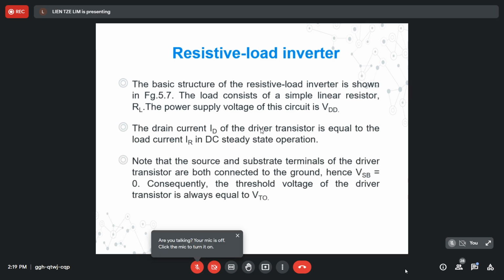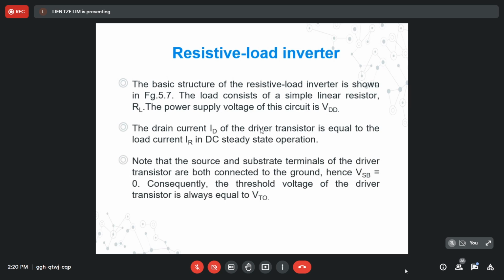The calculations are based on the formula given, to calculate the VOL, VIH, and VOH, as well as the VIL, the critical voltages. Sometimes they will be given, but if they are not given, we can actually calculate them.